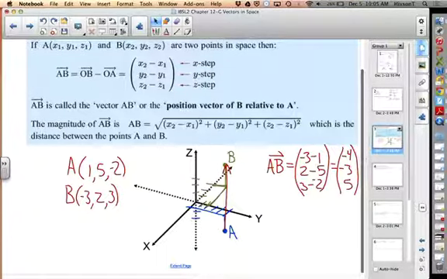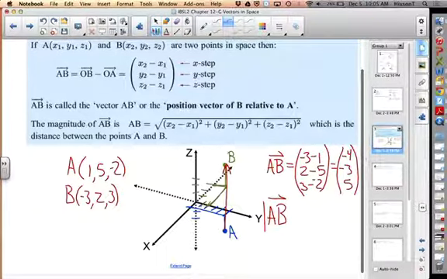Okay? So if we're finding the magnitude of AB, we're going to be getting the square root of what? What would we be putting in here? -4 squared, good, plus -3 squared plus 5 squared. Alright, good.